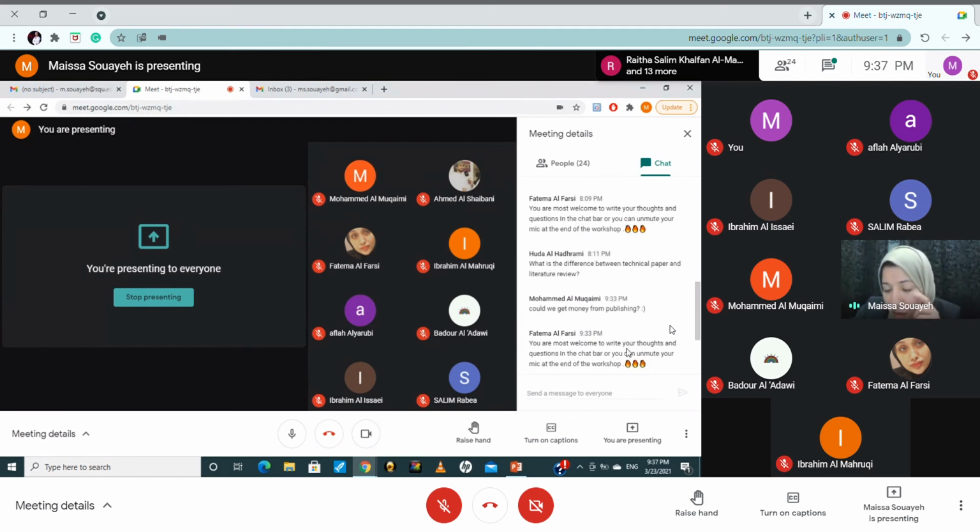Okay, Muhammad Al Muqimi: could we get money from publishing? Actually, I don't know. I wish I could. What I know is that at SQU, whoever published under the name of the university, there was a list that came out for all faculty members and students.